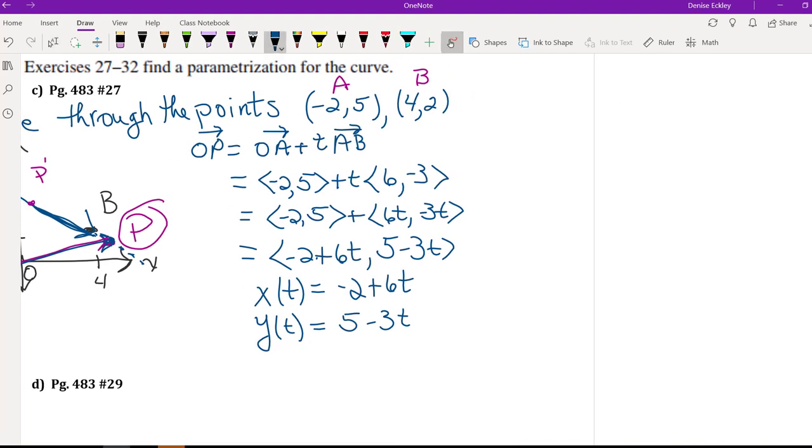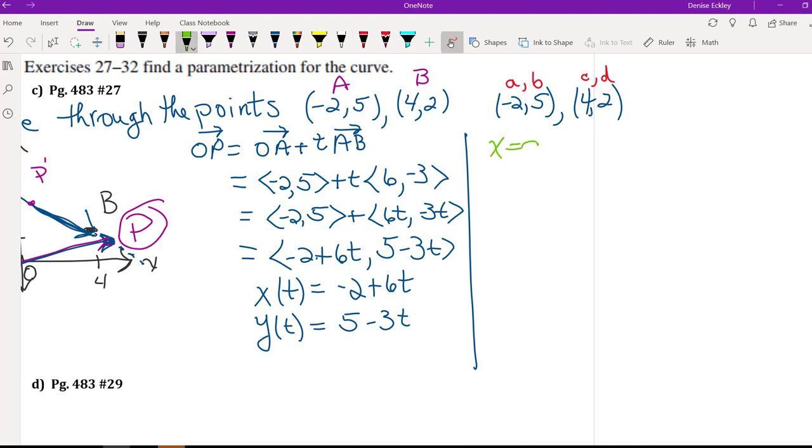There is another way to look at this that might be a little easier. Let me rewrite the points here. We have -2, 5, and 4, 2. If I label these little a, little b, little c, little d, there are relationships you can use: x is equal to a plus t times c minus a.